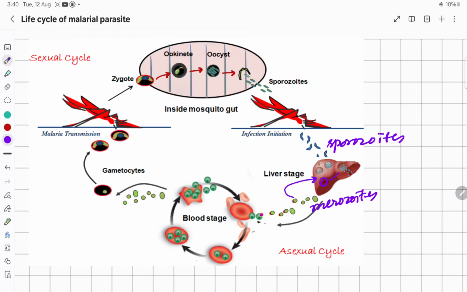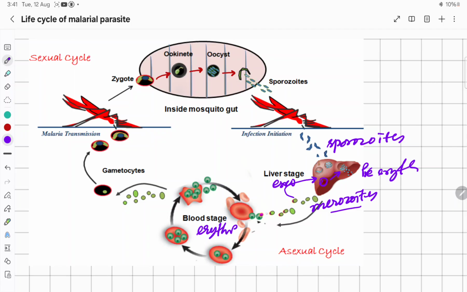Later they can be converted to schizonts to burst and release the merozoites, and that is exoerythrocytic. So this is pre-erythrocytic, then this is exoerythrocytic, and this is the blood stage or erythrocytic stage.